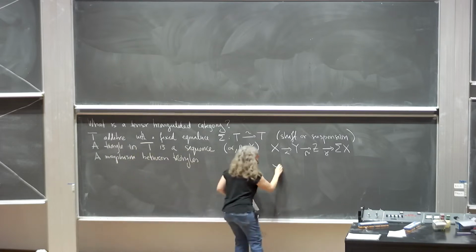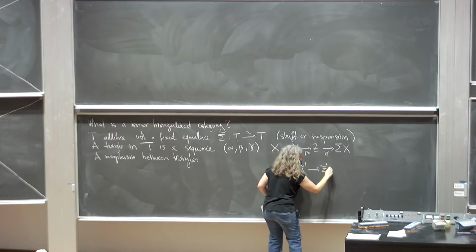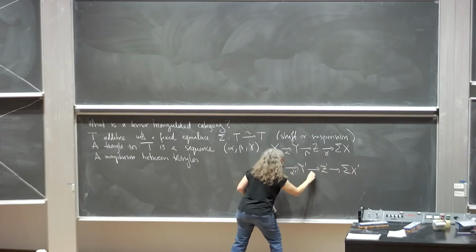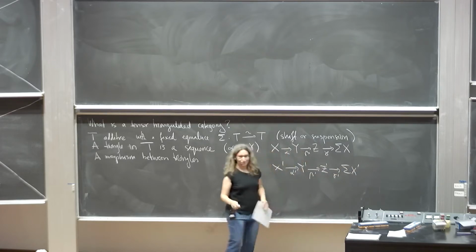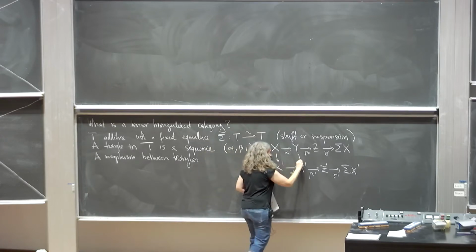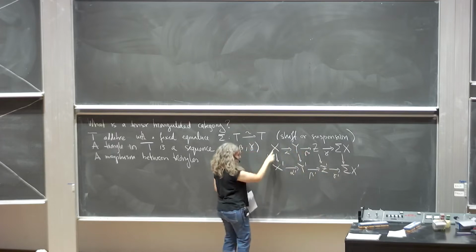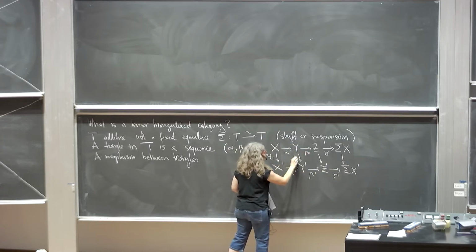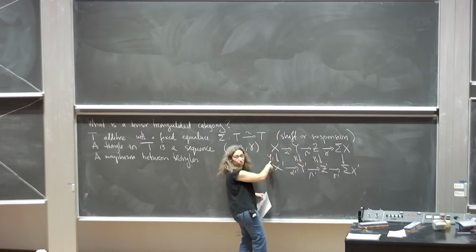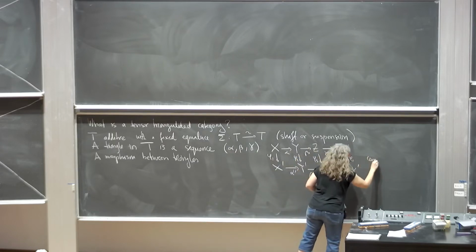If you have another triangle, there are morphisms from X to X', Y to Y', the same for Z, and the last one is just the suspension of the first, such that everything commutes.